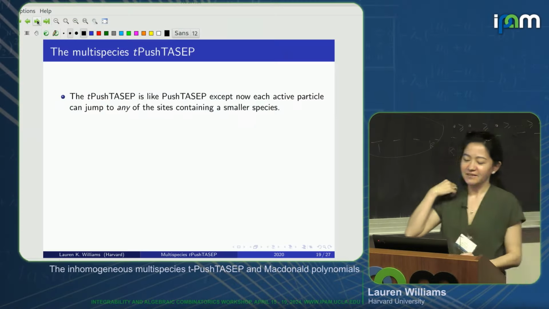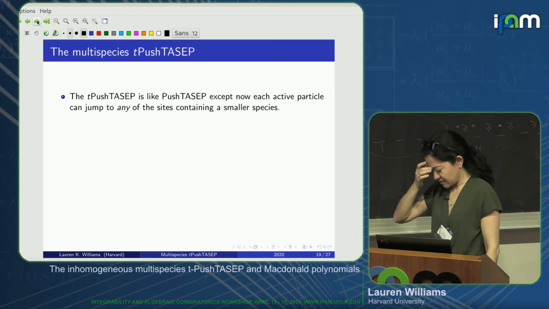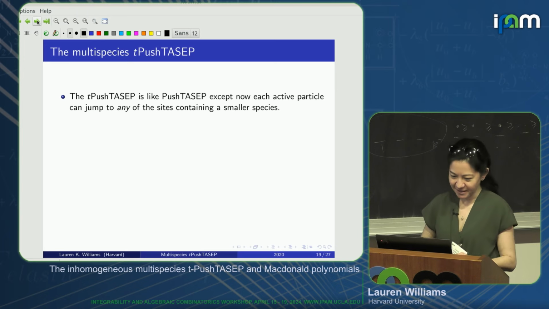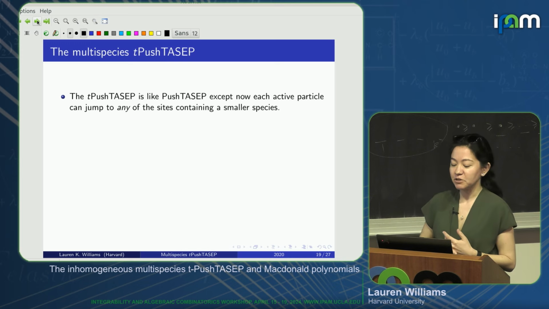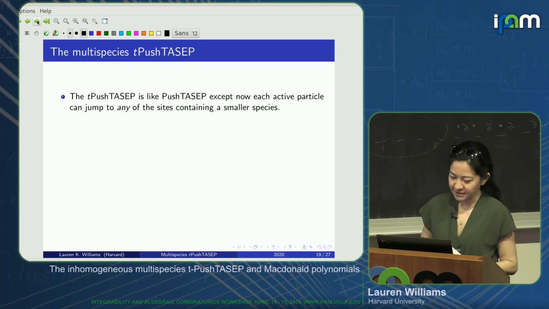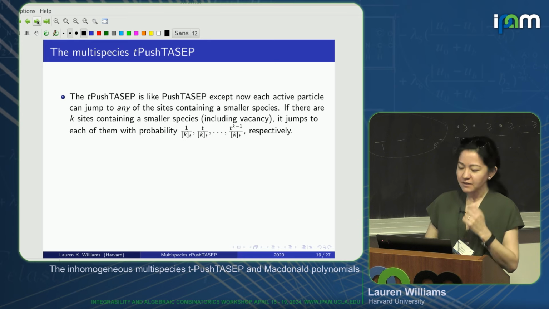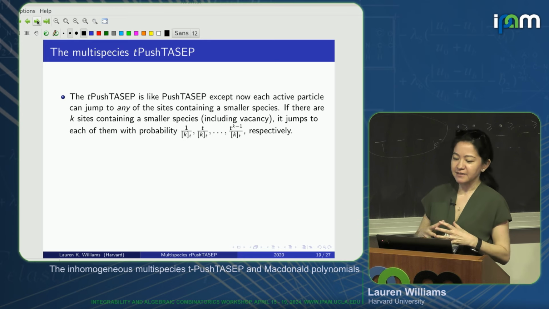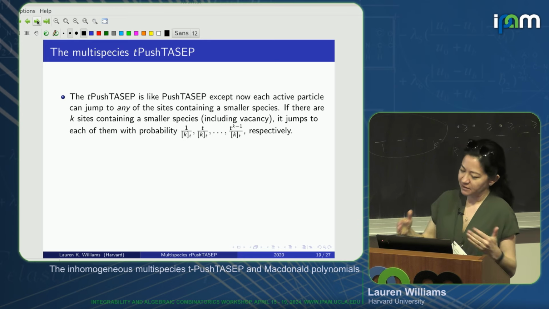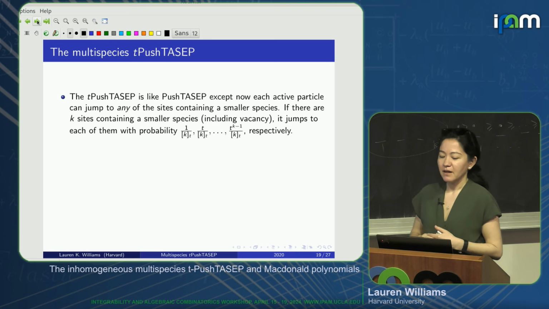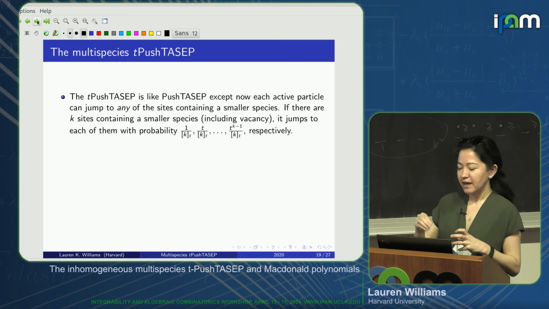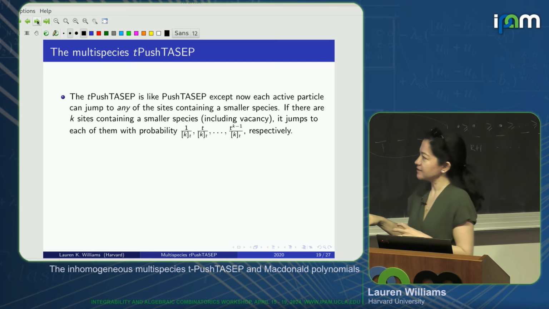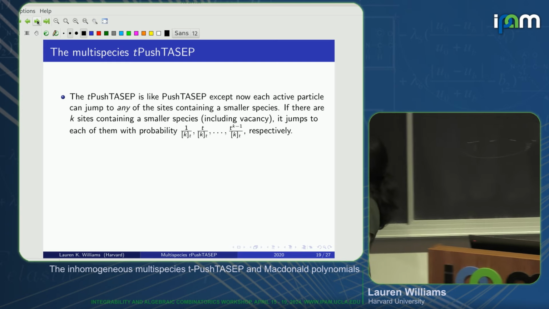Okay. All right. So now what's the t-PushTASEP? This is a t generalization of the push-TASEP, but now every active particle can jump to any of the sites containing a smaller species. So if we have k sites containing a smaller species, including vacancy, then our active particle will jump to any one of those sites at these rates.